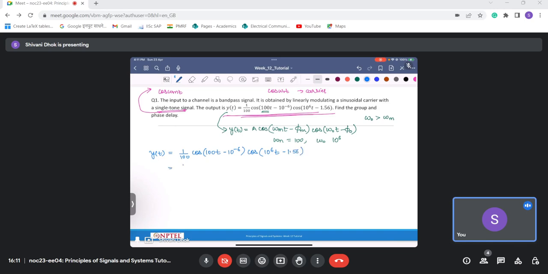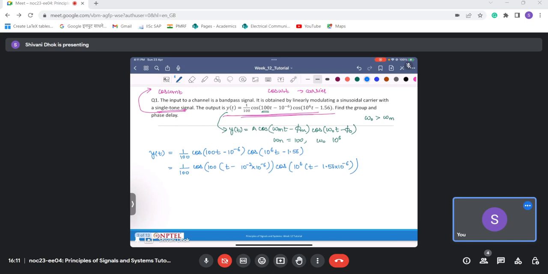So this I can write as 1 by 100 cos of, I can take out 100 common, t minus 10 raised to minus 2 into 10 raised to minus 6, cos of 10 raised to 6 common, t minus 1.56 into 10 raised to minus 6.